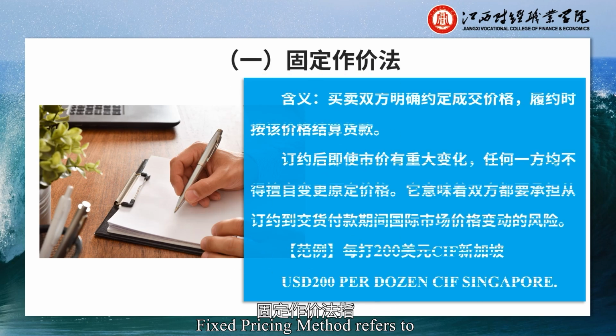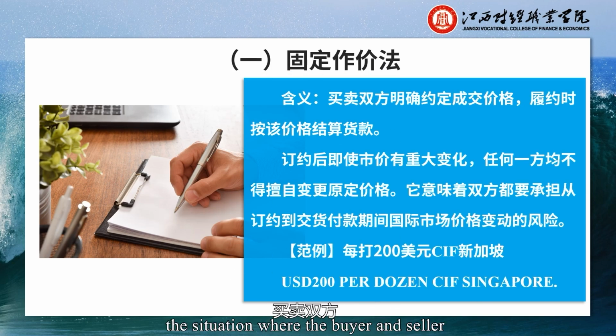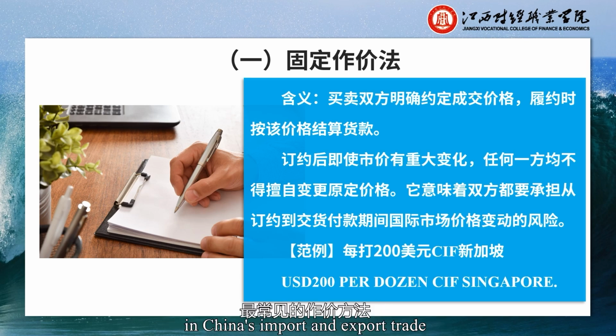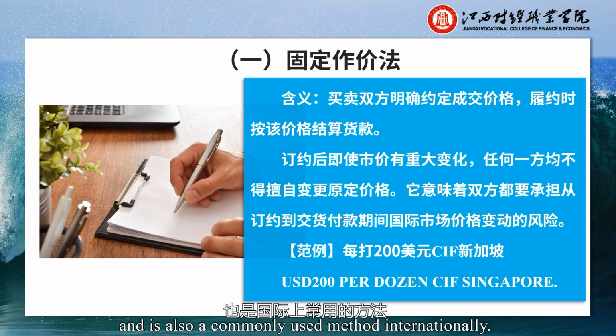Fixed pricing method refers to the situation where the buyer and seller explicitly agree on a transaction price, which is then used for settling the payment at the time of fulfillment. This is the most common pricing method in China's import and export trade, and is also a commonly used method internationally.